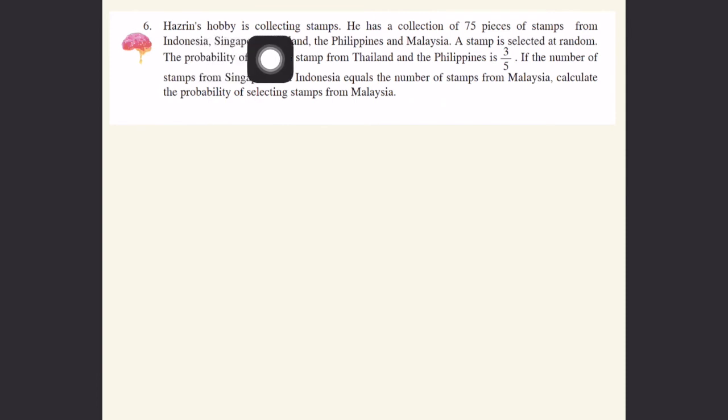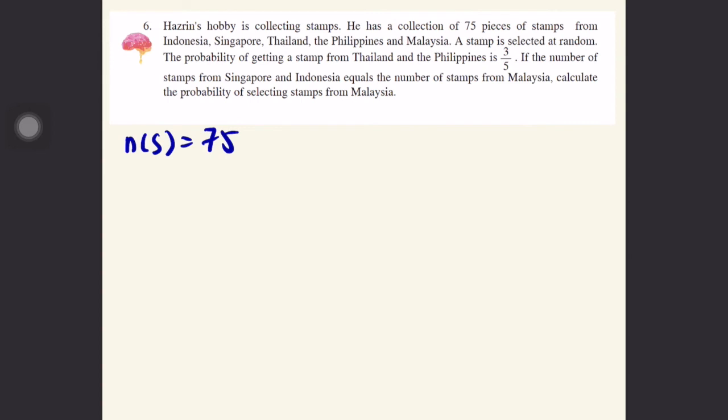Okay, now let's look at the last question. Hazrin's hobby is collecting stamps. He has a collection of 75 pieces of stamps from Indonesia, Singapore, Thailand, the Philippines and Malaysia. So we know the sample space is 75. A stamp is selected at random. The probability of getting a stamp from Thailand and the Philippines is 3 over 5.